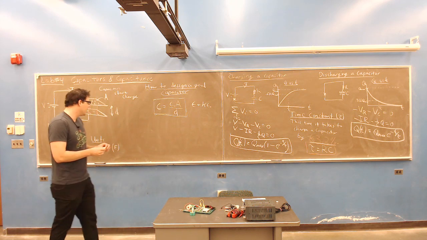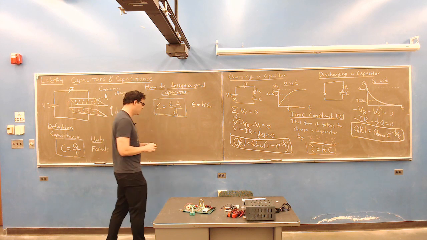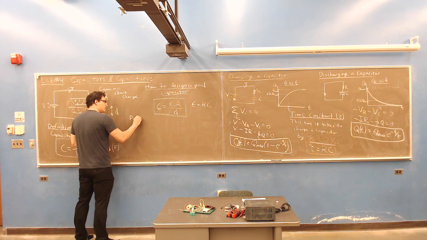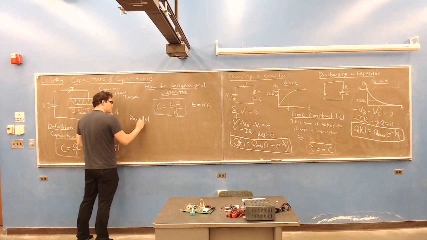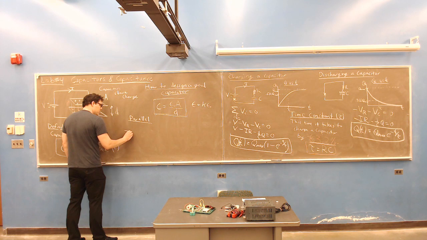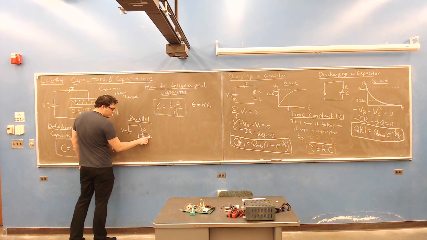All right, there's one more thing I want to tell you guys, and that's capacitors in parallel and series. Let's do parallel first. So I'm going to put a battery here. Every circuit has a resistor. Put 3 capacitors in parallel.